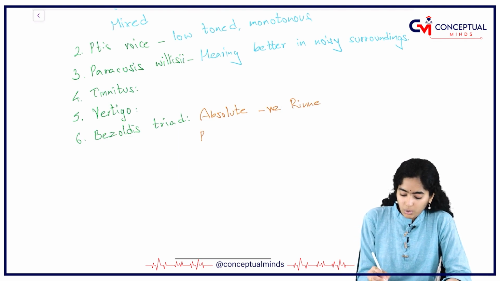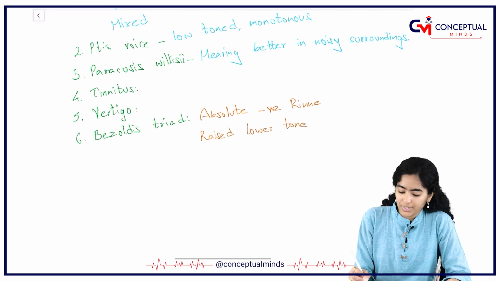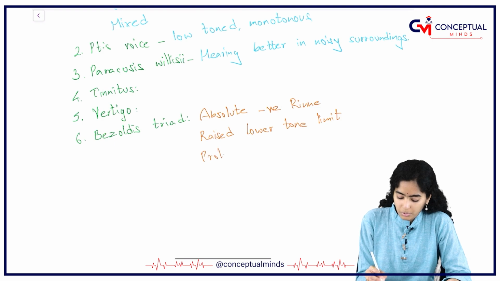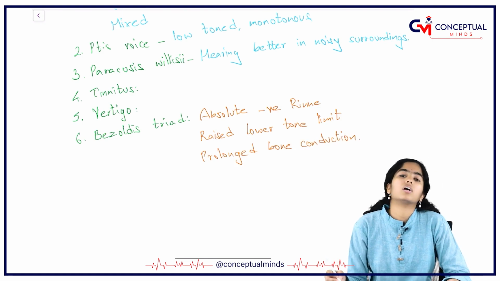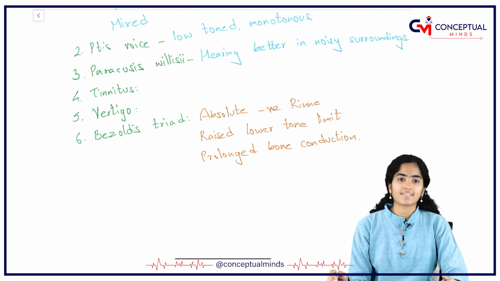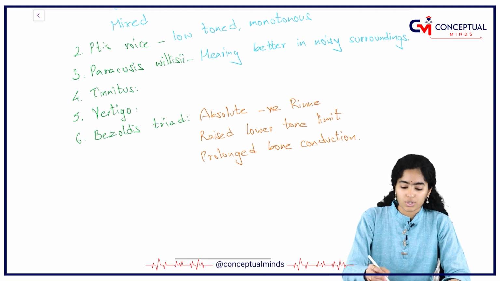Raised lower tone limit. The lowermost frequencies that we can hear are raised. Prolonged bone conduction. Bone conduction is longer than normal. These three features constitute Bezold's triad. And with this, the symptoms of otosclerosis are done.